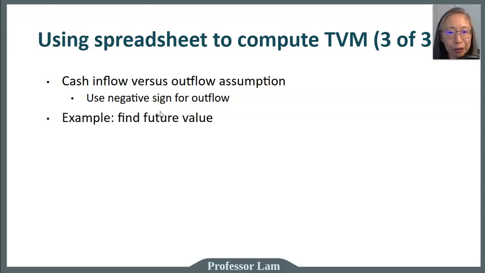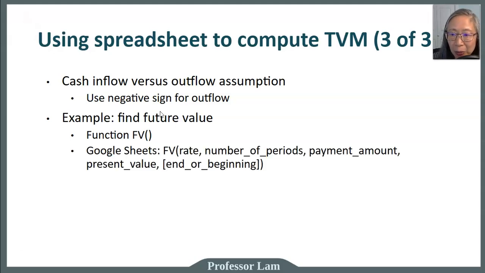Say you want to find the future value, meaning the ending value of the investment. The function you're going to use is FV. If you're doing this in Google, the FV function will have these input variables. You have to tell Google the interest rate, how long the time period for this investment is, the annuity payment amount, the present value, and whether the annuity payment is at the end or the beginning.